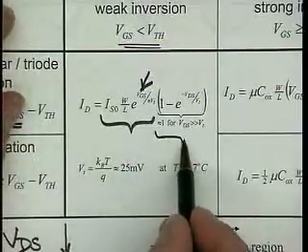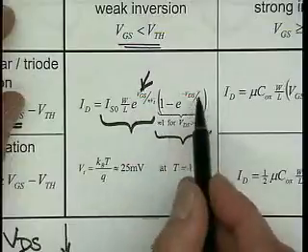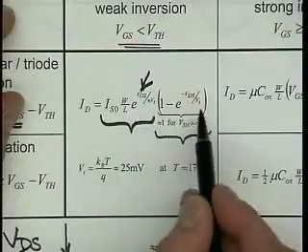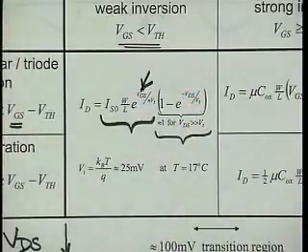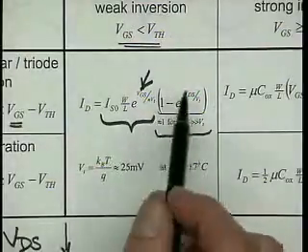The current of course also depends on VDS, but usually if VDS is relatively large compared to VT, then the transistor is in MOS saturation, and this term is really unity.